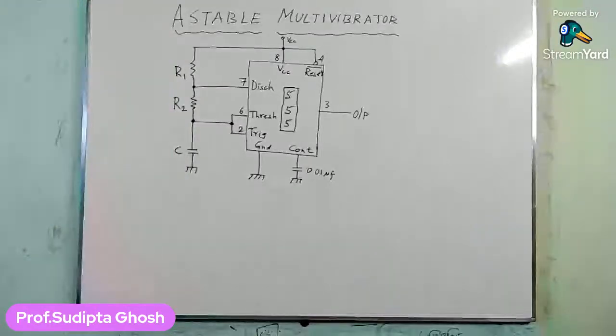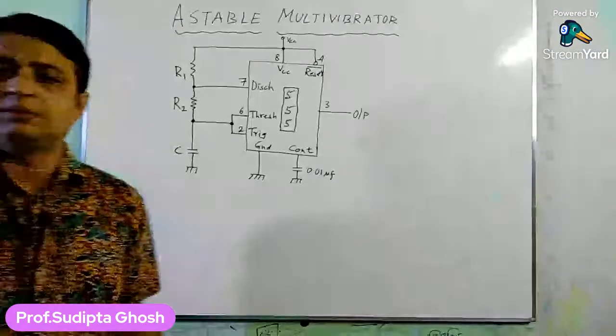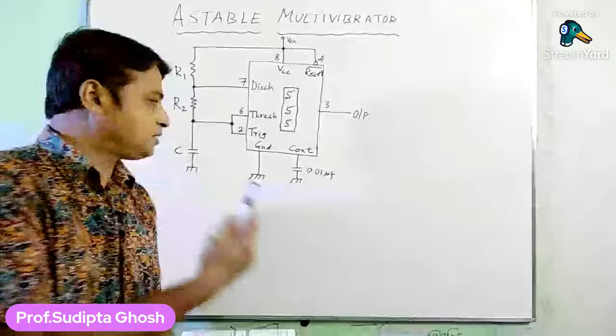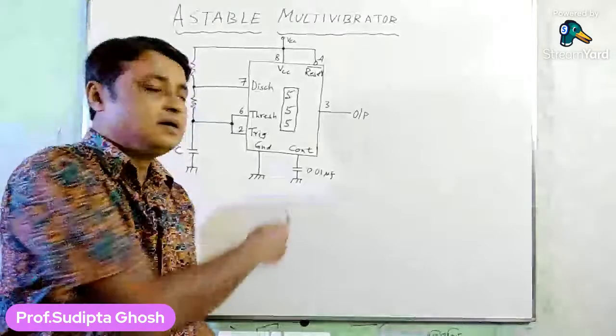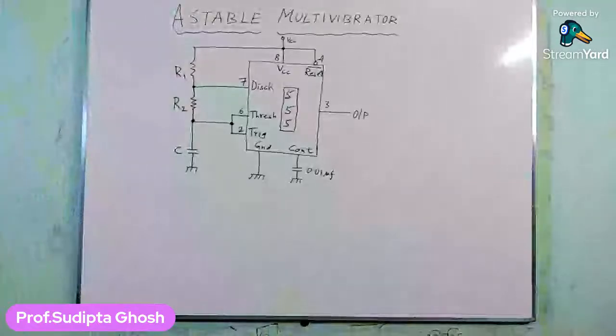These two capacitors are also present in the monostable circuit, especially the 0.01 microfarad capacitor, which is connected to the control input, pin number 5, and to the ground.